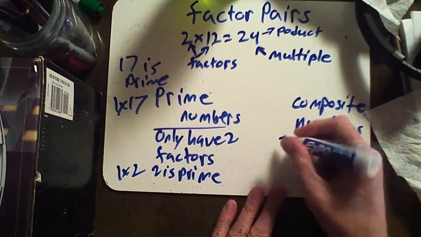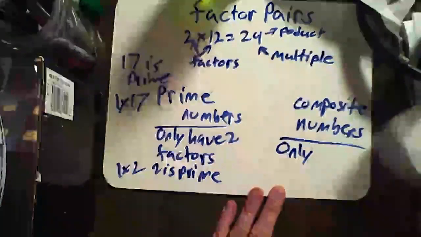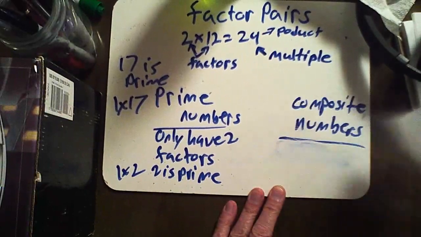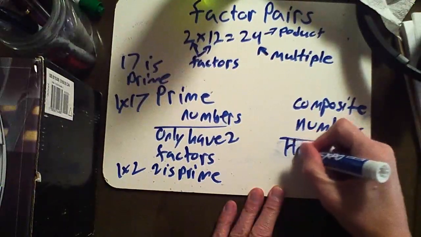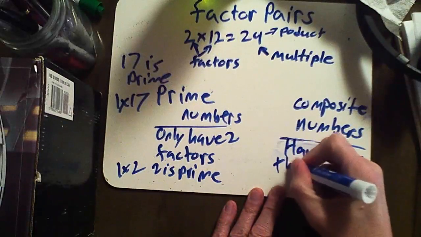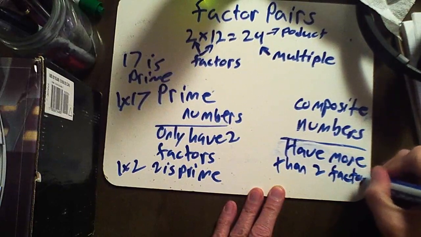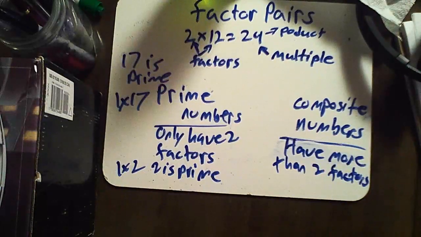Then there are composite numbers. Well, you can probably guess what a composite number is. They have more than two factors. So that's what composite numbers are.